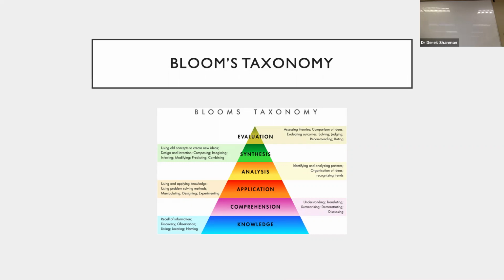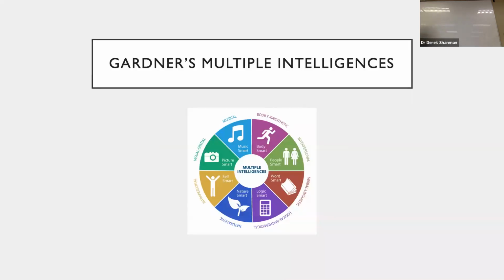Can I use that to expand into the application level? Can I use the current level that they are on to expand to something that they are not as strong with or not as familiar with? Same with Gardner's multiple intelligences. Can I use an area of strength to bring out an area of weakness?